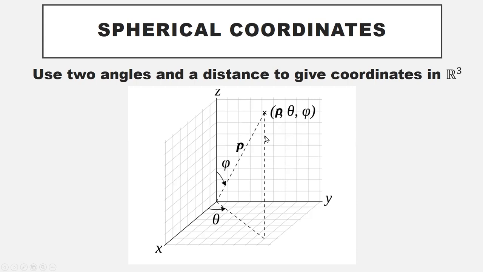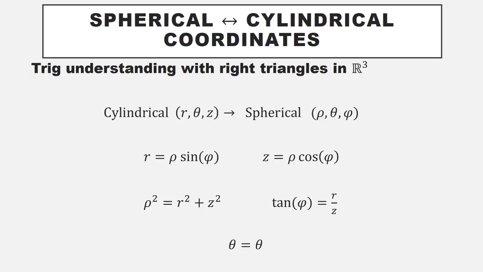The angle here on this right triangle is going to also be phi, just like this was. So that's also going to be phi. But the legs of the right triangle are R and Z with hypotenuse rho. And if you think about that, that's where all of these conversions are coming from. I won't spend a lot of time going through that, but that's what's happening.